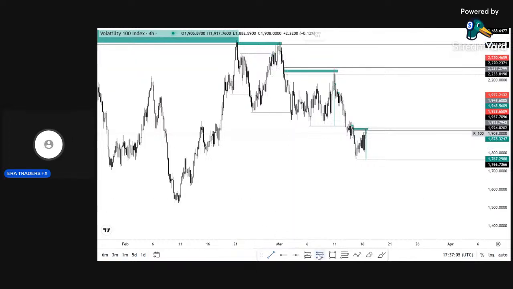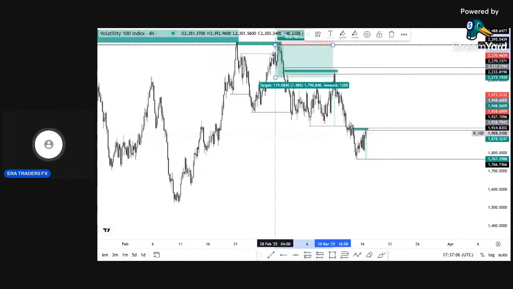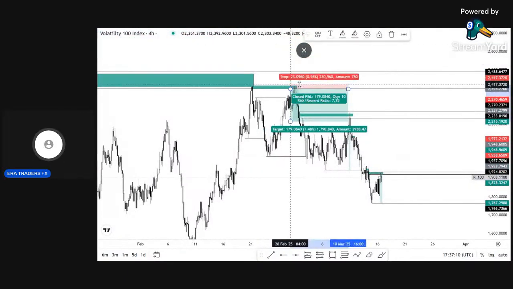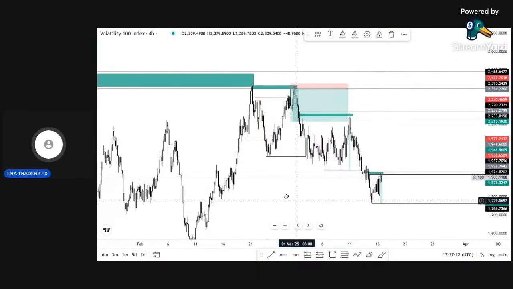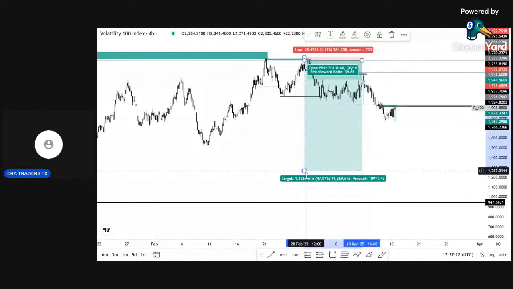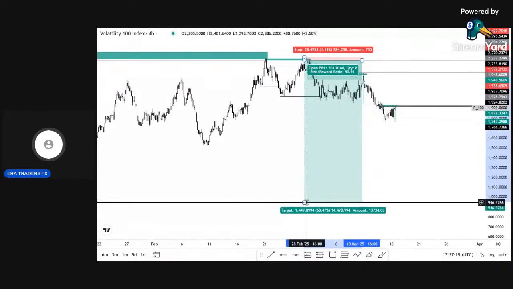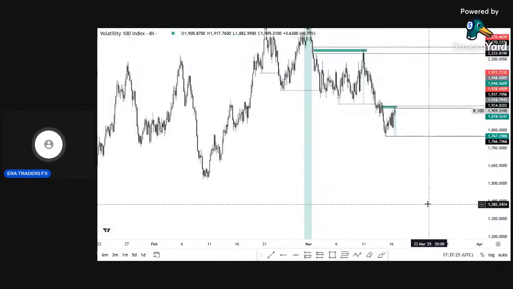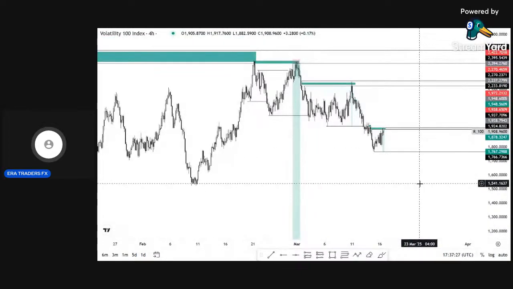So that was the first actual neat entry, and stop loss will just be above the high, and targeting the overall bias. So this is the overall bias. So for V100, don't look for buys, look for sells. So basically, we have been looking for sells all the way down, right?